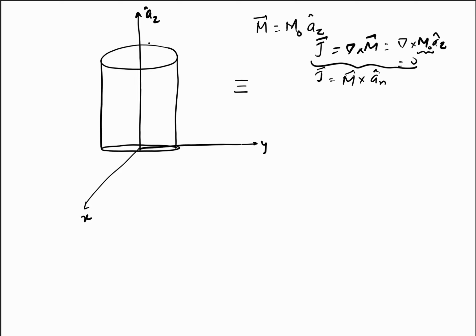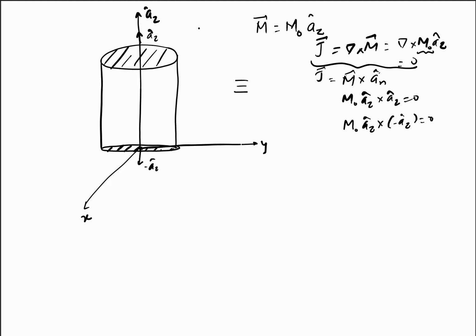Now for the top and bottom surfaces, an is in the az direction for the top, and in the minus az direction for the bottom. So M cross an, M naught az cross az, is equal to 0 for the top, and M naught az cross minus az is equal to 0 for the bottom surface. So the top and bottom surfaces are not going to have any equivalent surface current density.